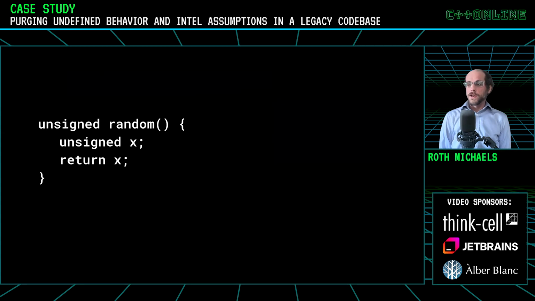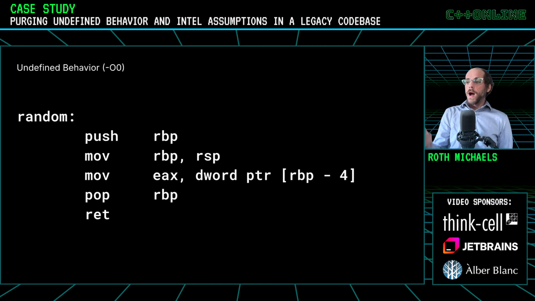So again, we'll go back to this function, and often people might say, oh, this is going to return a random value, or the standard might say the value of this is indeterminate, even though it's undefined behavior. And what we'll see is if we compile this with Clang without optimizations, the key part of what this function does is it's going to read some value from the point in the stack where that X is, even though there's nothing there.